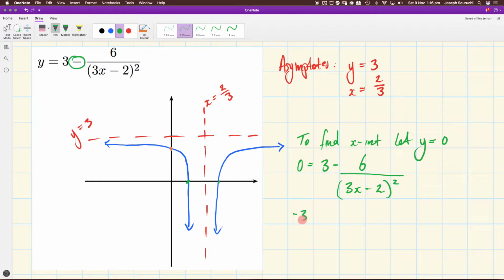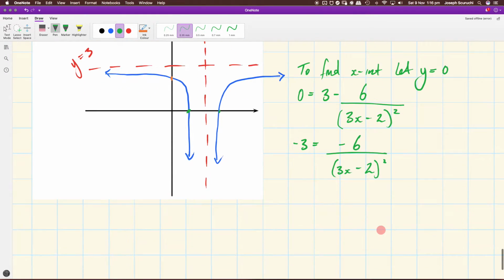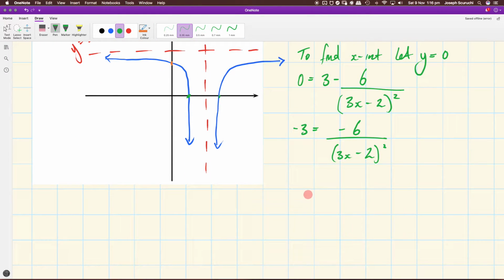I'm going to minus 3 from both sides. So I'm going to be left with this. Oh, this is going to get hairy. I'm actually going to scroll down. I'm then going to times this side up and be left with 3x minus 2 squared equals negative 6. I will then divide both sides by negative 3.